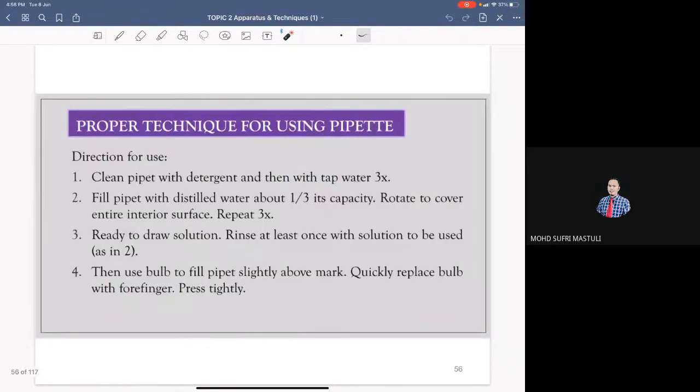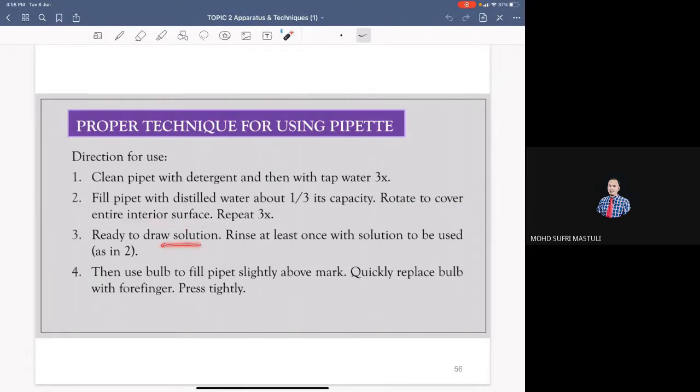Directions to use: we clean the pipette, as I mentioned, using detergent and then tap water at least 3 times. We fill the pipette using distilled water, and then we rotate it to cover the entire interior surface. I repeat several times.